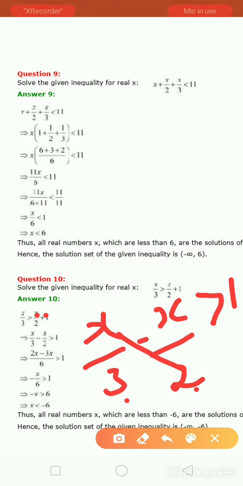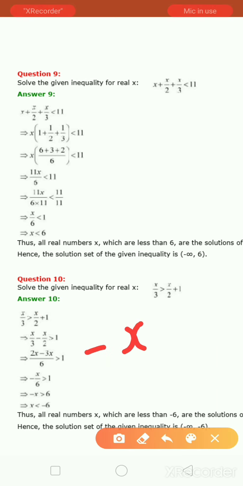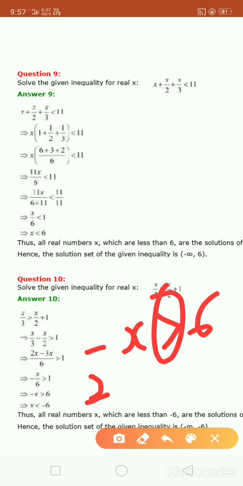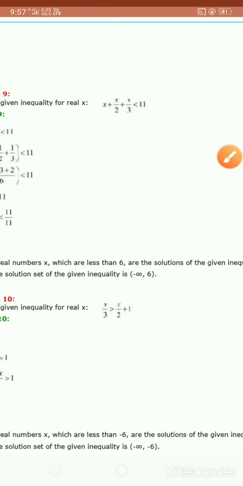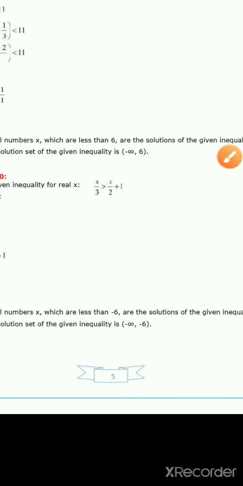Cross multiply it: 2x minus 3x by 6 is greater than 1, that is minus x by 6 is greater than 1. Note here, if there is a minus sign, the inequality symbol reverses. So we will get x is less than minus 6. The solution set will be minus infinity to minus 6.